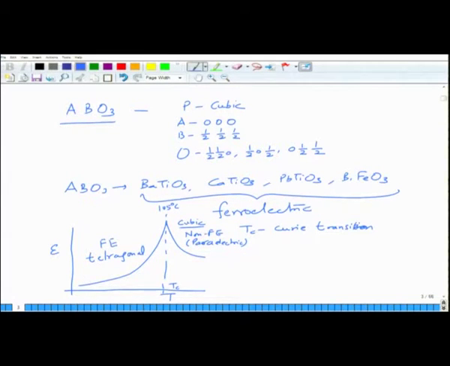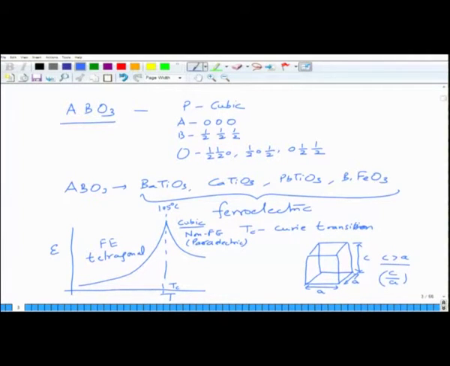So, the unit cell, which is a cube, now converts into a cell where below Tc this length is slightly larger than these two lengths. So, this is a, this is a, this is c. So, c is greater than a, and the unit cell has some c by a ratio.